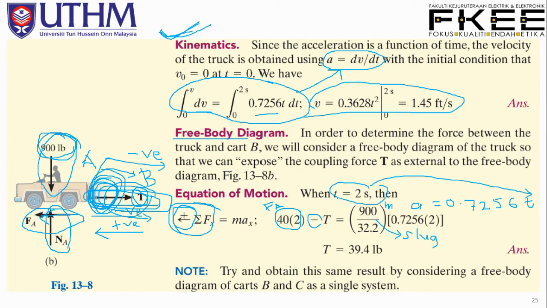Then the only unknown quantity is T. So we can solve for T in pounds, imperial unit, and the value is 39.4. Try and obtain the same result by considering a free body diagram of cart B and cart C as a single system.